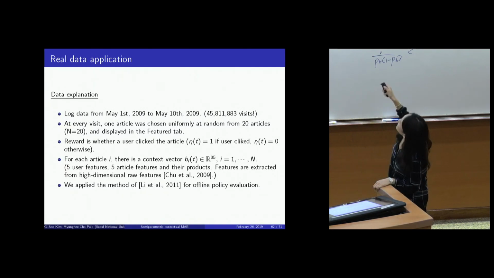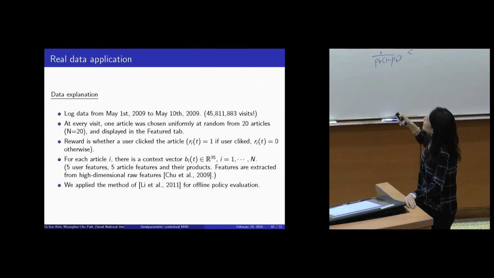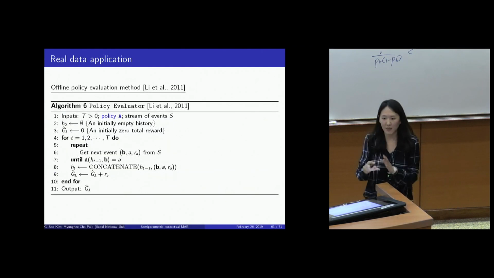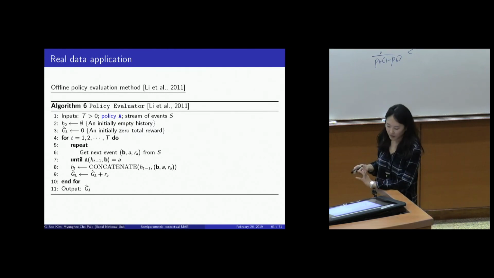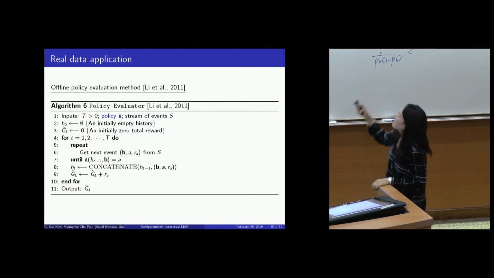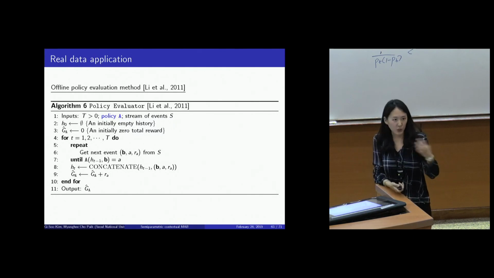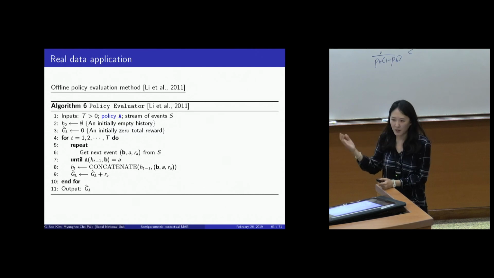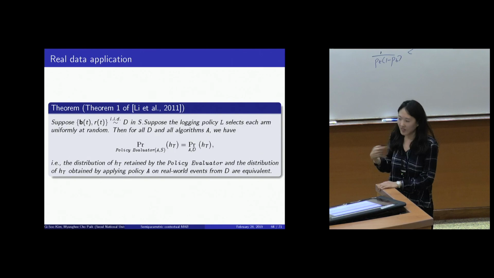Since the logging policy is different from the policy that we want to evaluate, we use the off-policy evaluation method of Lee et al., the same method used by Professor Ri-Sung. The method is very simple. Given the whole stream of events from the original data, we just pick up the events that match the choices of the target policies. Then we can construct an unbiased reward estimate of the target policy.